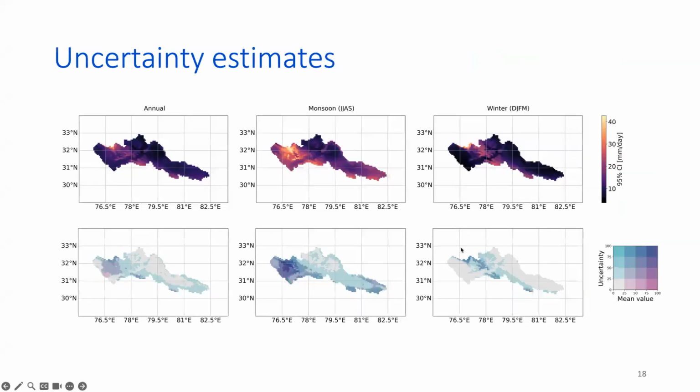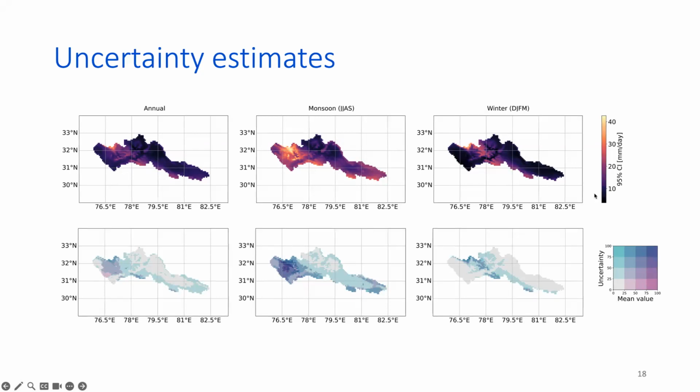We, of course, also have the corresponding uncertainty maps that go with these predictions. On the top row here, we're plotting the 95% confidence intervals for the model. Again, the lightest colors represent the higher values of uncertainty and the darker ones the lower values.